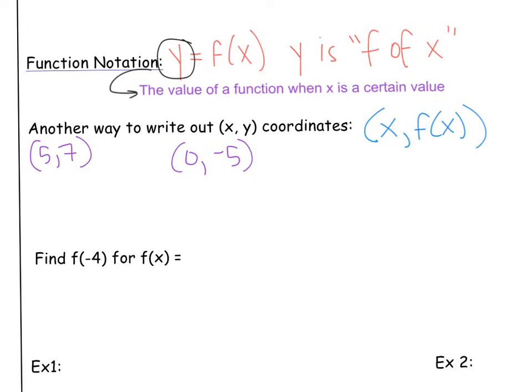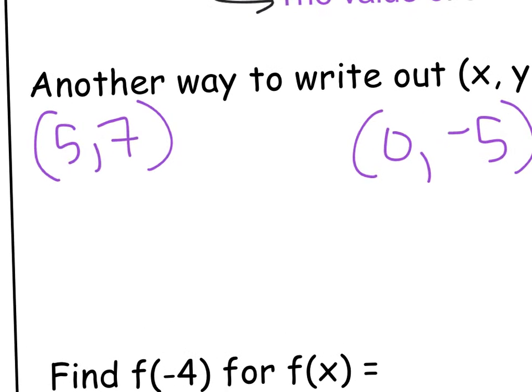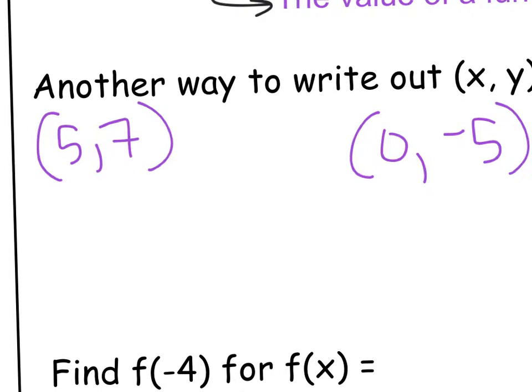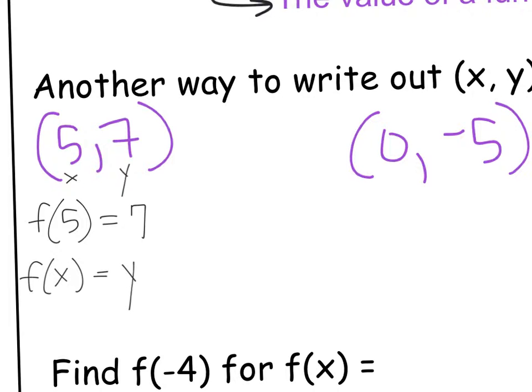So let's say we have this ordered pair, 5, 7. And that is x and that is y. And we want to write this ordered pair in function notation. Well, basically, f of 5 is 7. Let's take a look at what I did there. F of x is y. Right in here is your x value or your input, and out here is your y value or your output.